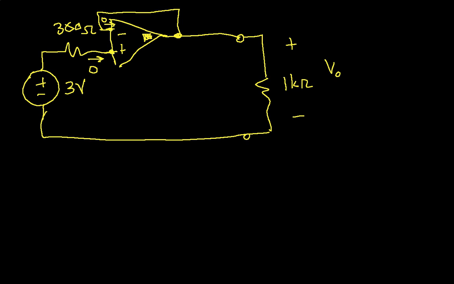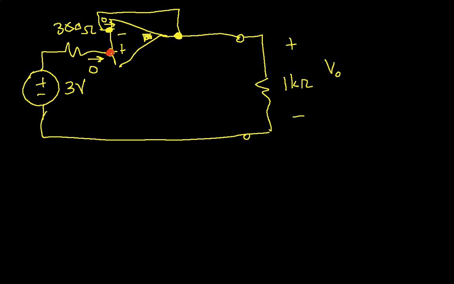Because if you assume the gain is infinite, the only way you can have the voltage at the output be something reasonable is if the difference between the two inputs is 0. So in other words, this voltage at this point will do whatever it has to make this voltage and this voltage the same. Okay, well, let's see what V+ is.